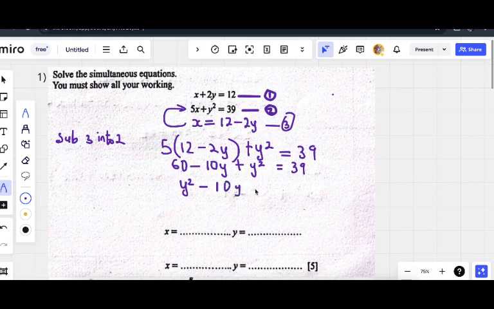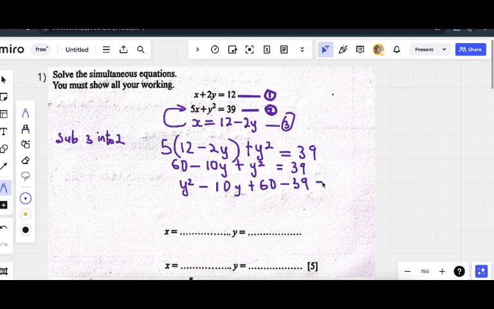Then we say plus 60. You bring 39 to this side. 39 was on the right. You bring it to the left, it's going to be minus 39. So you say minus 39.